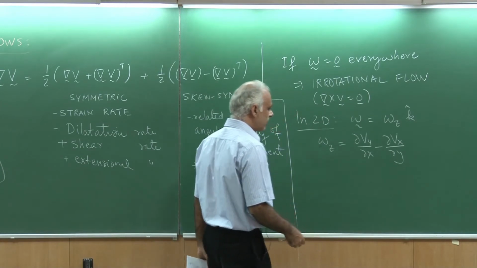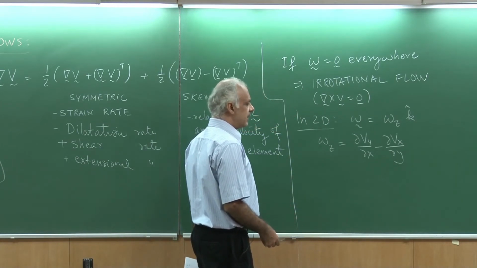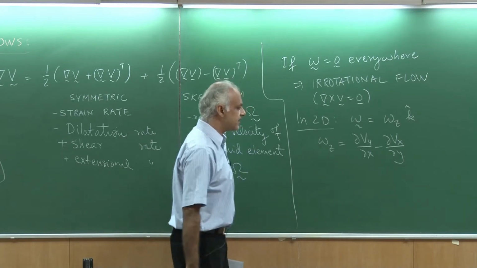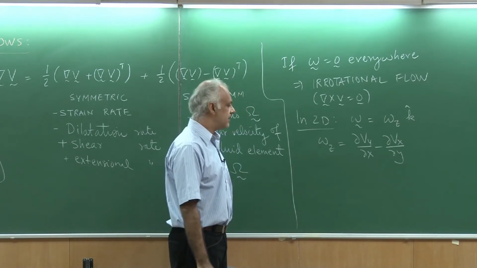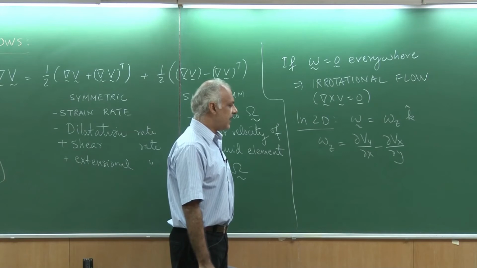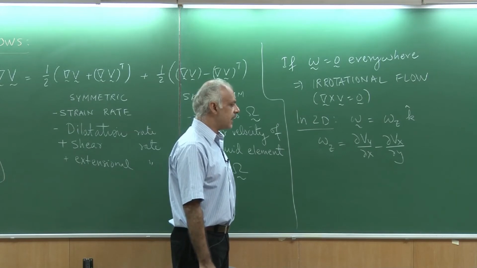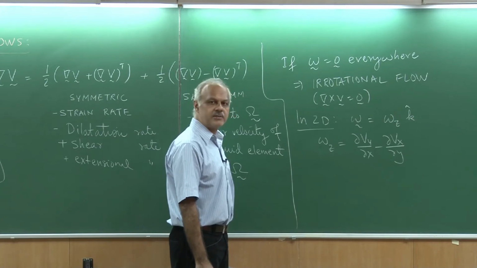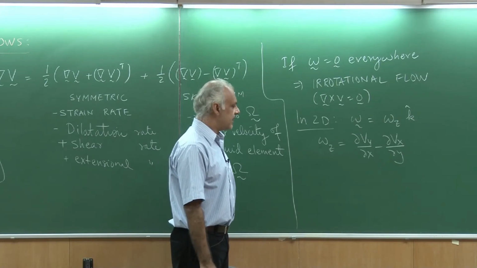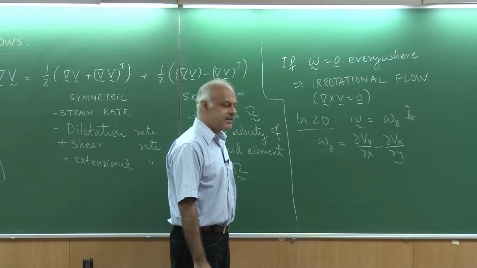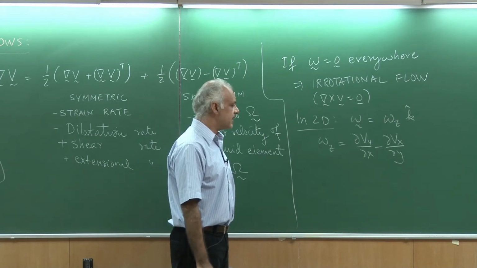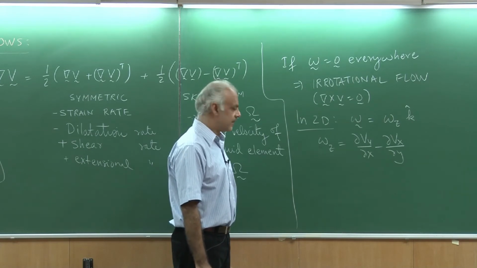So, we also looked at some examples of what omega z equal to 0 implies. Okay. And the example that we gave was that if I have circular streamlines, then it does not necessarily mean that omega z is non-zero. Okay.